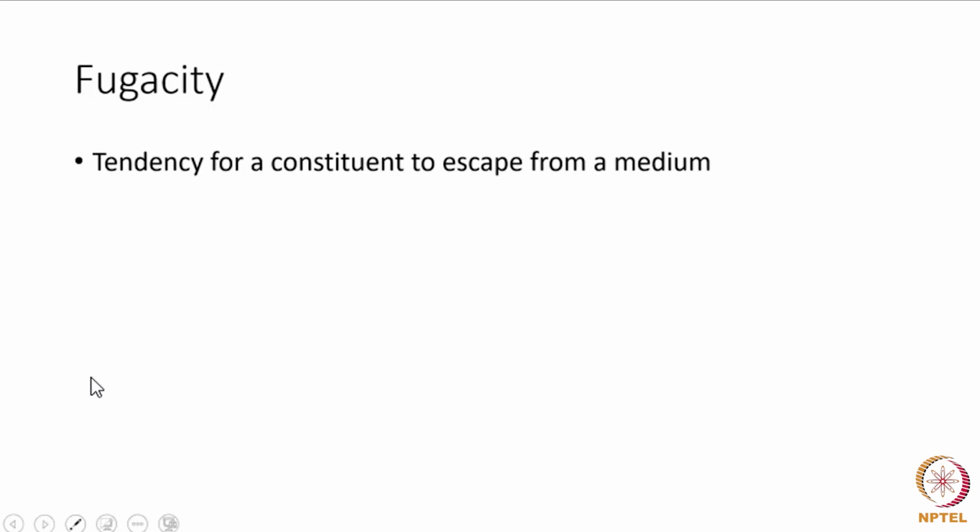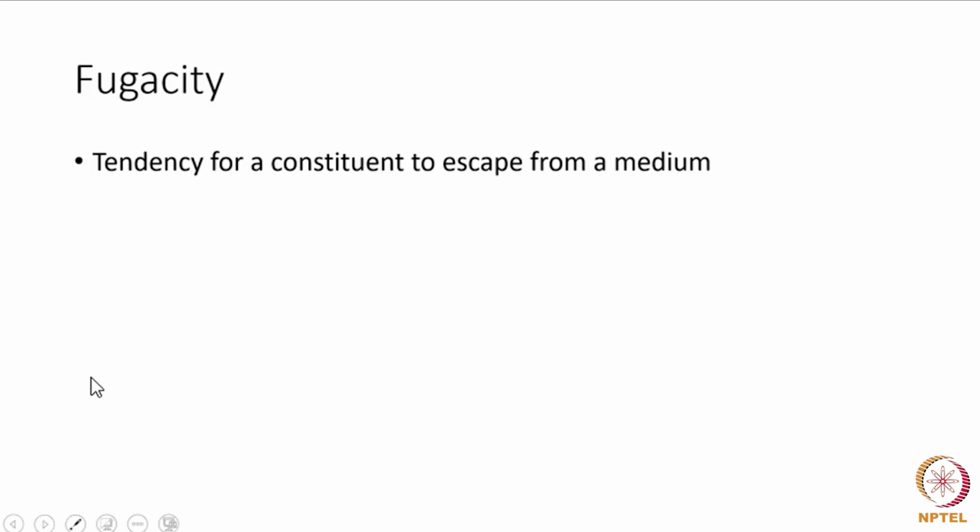So here we come across an important parameter, fugacity. We will spend a few minutes to understand what fugacity is and later generalize it to a quantity called activity, and we see that it is a very good measure of determining how different constituent elements play a role in the evolution of the composition of the system. So fugacity is nothing but the tendency of a constituent to escape from a medium.